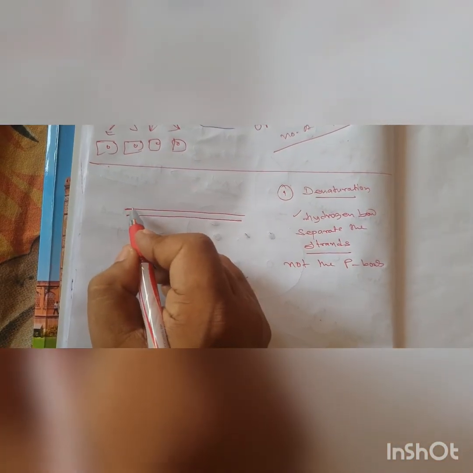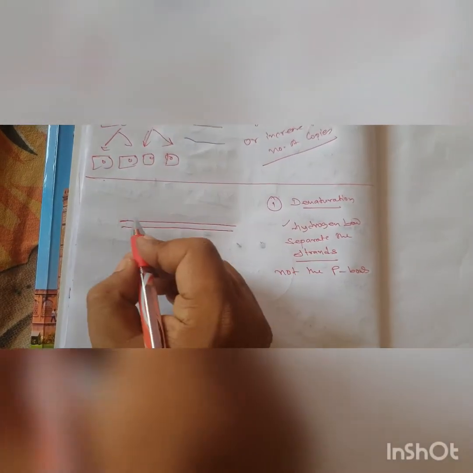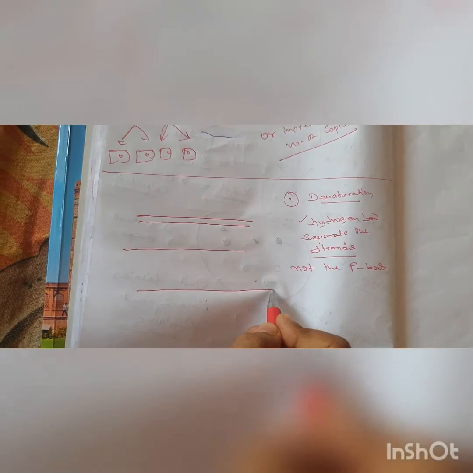Because if you break the phosphodiester bond, the DNA will break down into fragments. You just want to separate the strands of the DNA. Just like in DNA replication, what was done by DNA helicase and SSB protein. Okay, they were separating the strand.